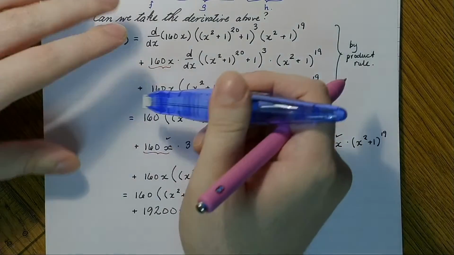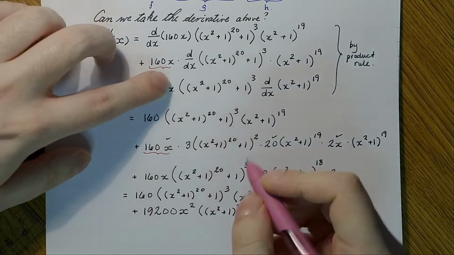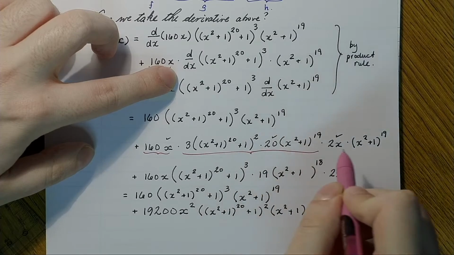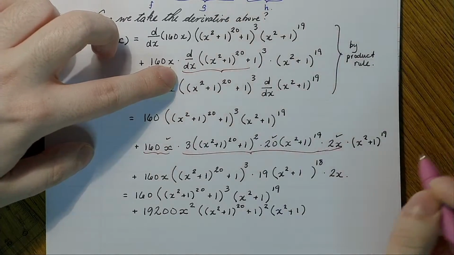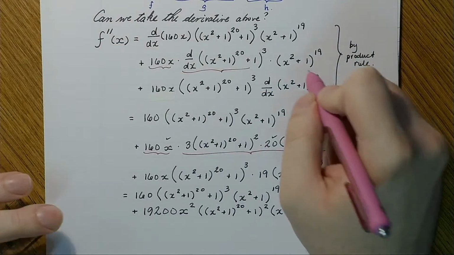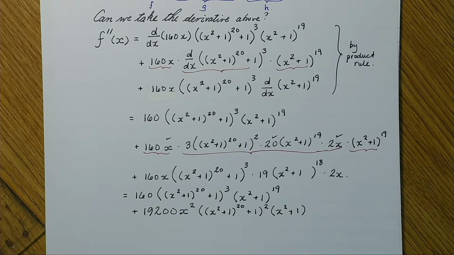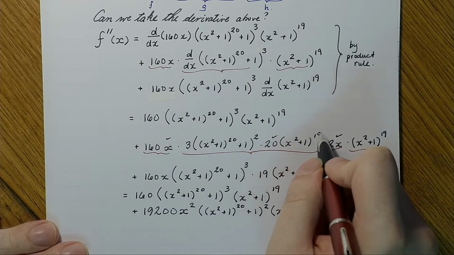So there is my matching. Right here is my derivative. And then I also needed to copy down that. So that's where that had disappeared. So why is this important? Because now I have this term right here to also worry about.